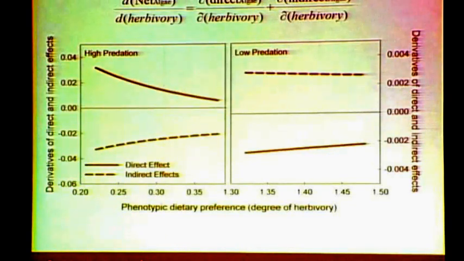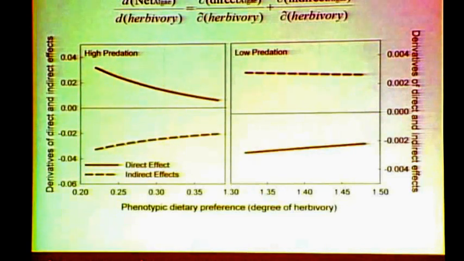And the thing to notice, although the indirect effects are these dashed lines and the derivatives of the direct effects are these solid lines, the thing to really notice from this graph is not that they're flipped between low and high predation, but rather that in each case, the derivative of the indirect effect is larger in absolute magnitude than the direct effect.